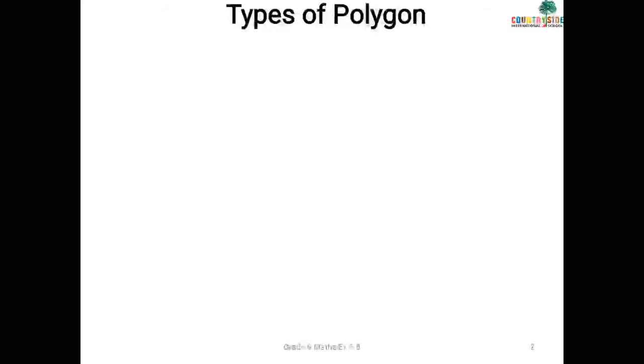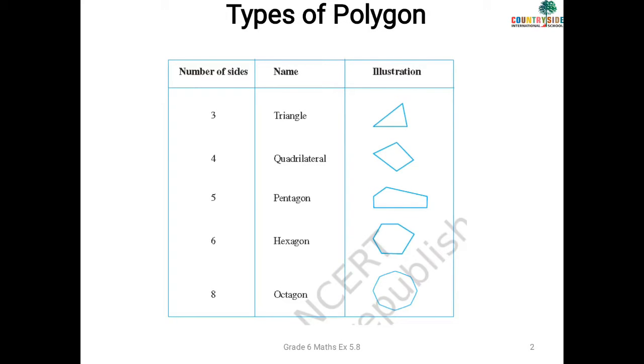So now scholars, let's discuss the different types of polygon. As you can see in this figure, if it has three sides, it is called a triangle, and this is the diagram of the triangle. Now scholars, any figure that has four sides is known as a quadrilateral. So quadrilaterals are also polygons.